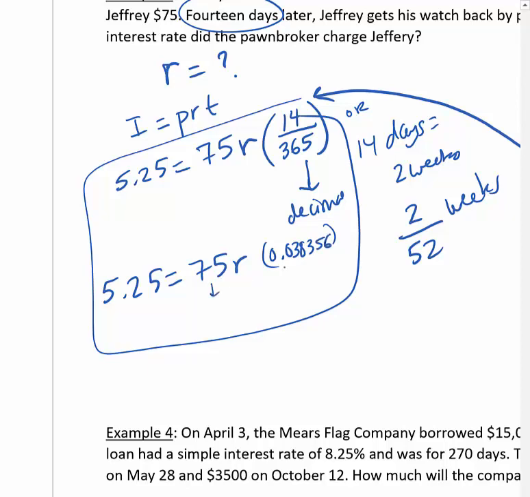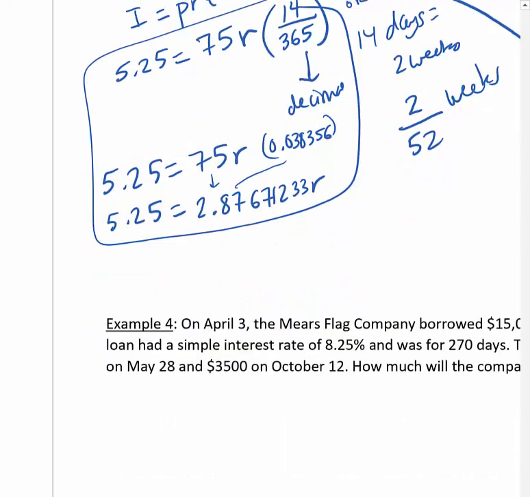And then I'm going to multiply the 75 by that, just so we only have one number in front of R. So it's 2.87671233R. Okay, and then lastly, to solve for R, we just need to divide by 2.87671233 on both sides.